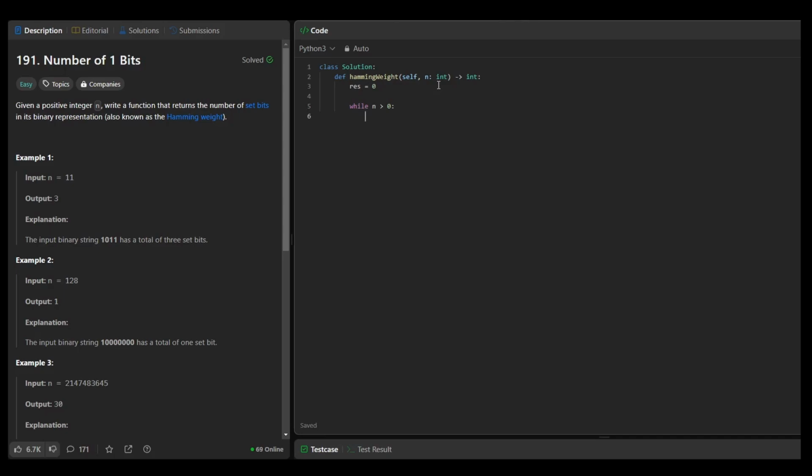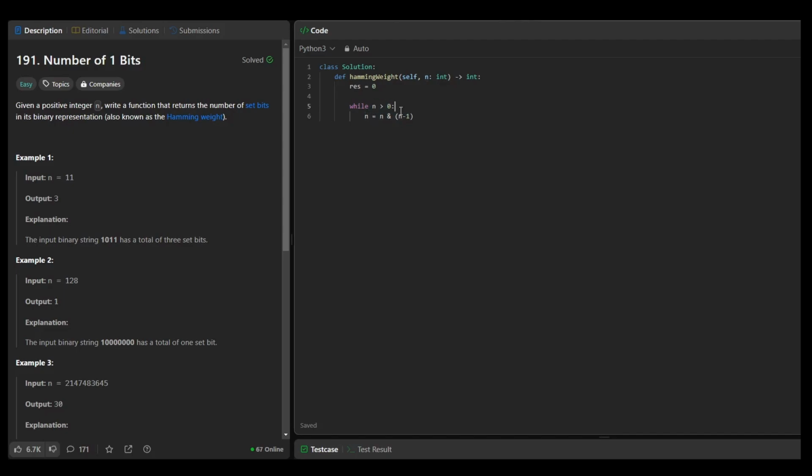After that, what we need to do is take n and multiply that with n minus 1. This is what we were doing, calculating n minus 1, multiplying that with n. And we would change the value of n itself, which means I would assign it. This would be the new value of n and eventually it will become 0.